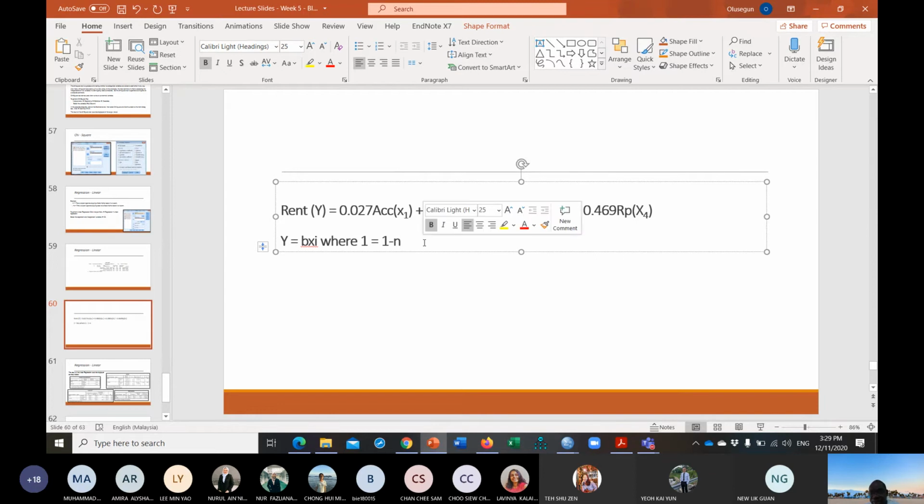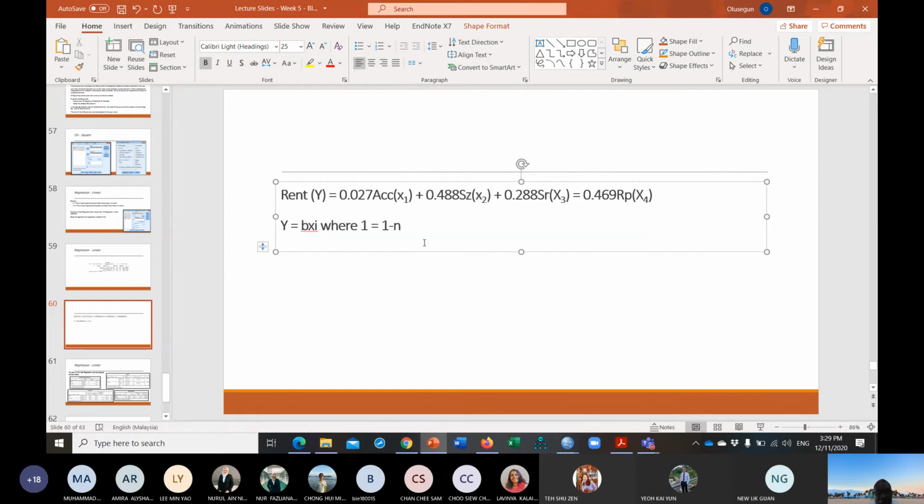The R square, that's R raised to power 2, is equal to 79.798, which is 79.8% contribution.